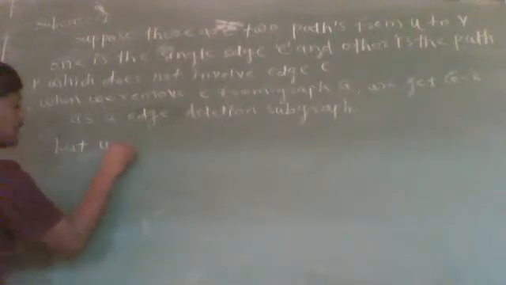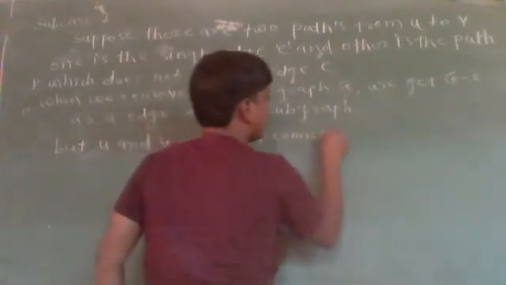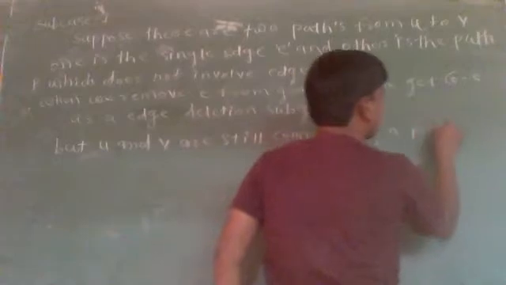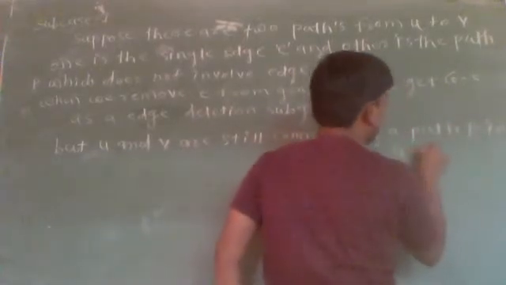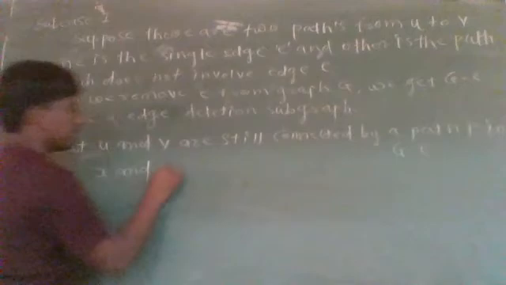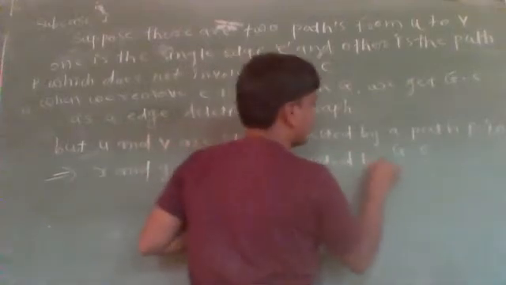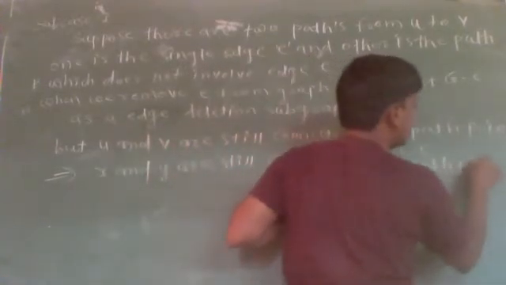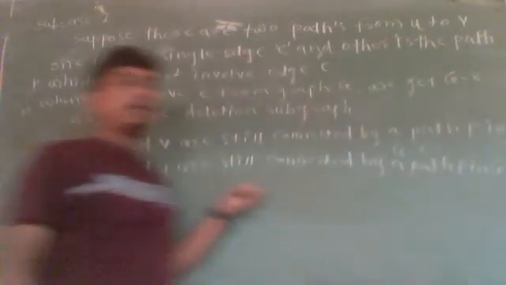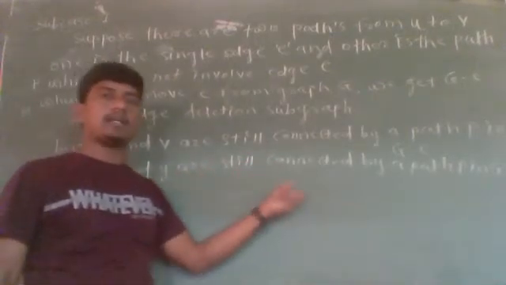But U and V are still connected by a path P in G minus E. That is, if we take any two vertices X and Y in the graph G minus E, then they are still connected by a path in G minus E. And by the definition of a connected graph, a graph is said to be connected if any two vertices of the graph are connected by a path.